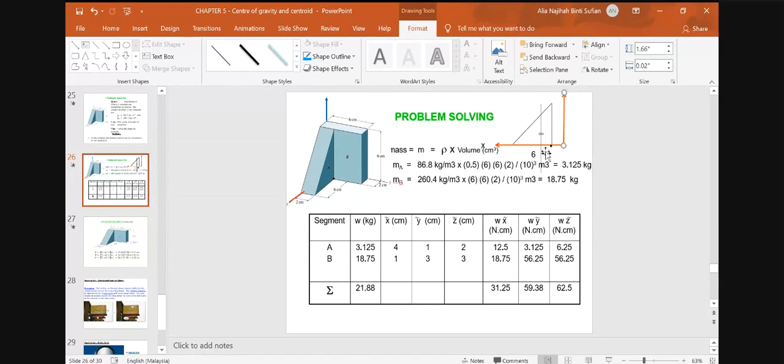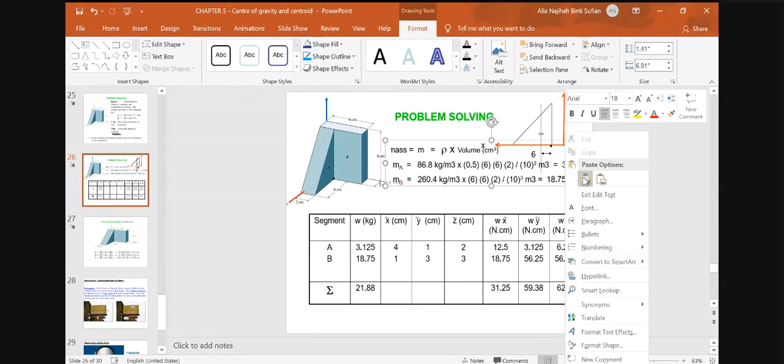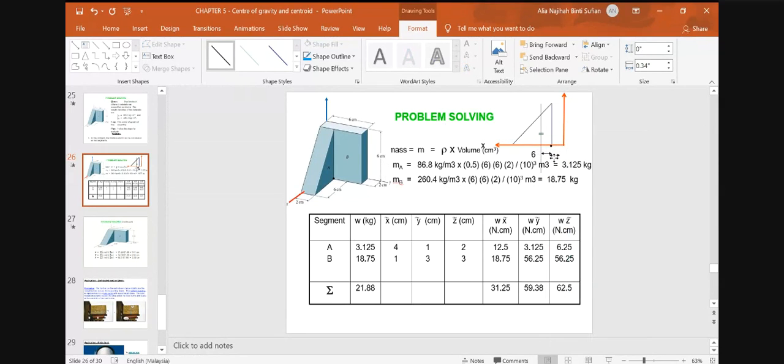You see? Okay, Farina? We have 2 centimeter as a result from 6 centimeter divided by 3, and then we have to plus the 2 centimeter here to reach the y-axis. That's why we get 4. Alright, Prof. Okay, thank you.